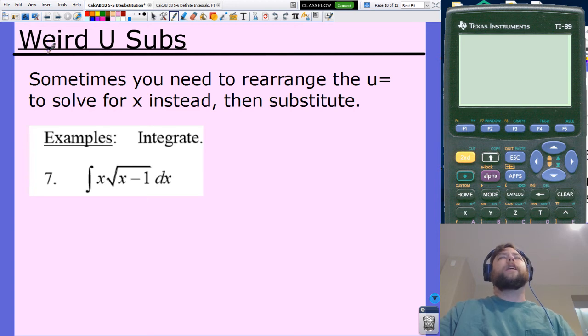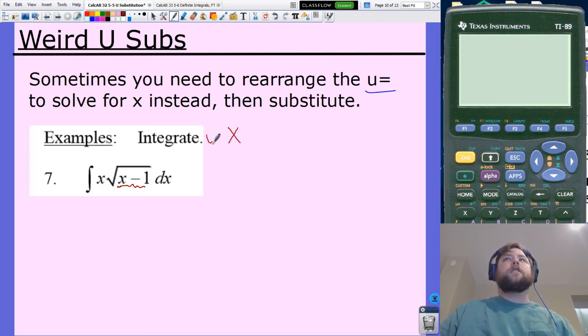I don't want to do more examples. Sometimes you have to do something weird. This is not going to happen too much, but I want to show it to you. You need to rearrange the u equation to solve for x, because u-sub just doesn't work cleanly. This typically happens when this has got to be your u, but it doesn't clear the x's out very easily.